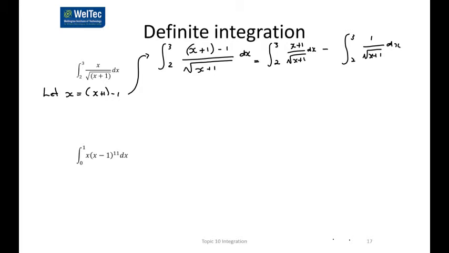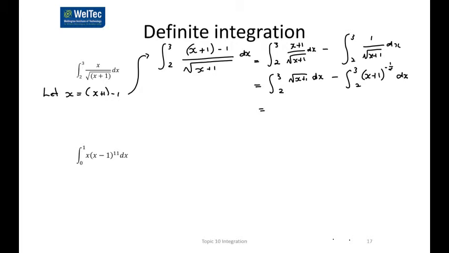And then it becomes a whole lot more straightforward. Using algebra, we can get rid of the x plus 1 over root x plus 1 to just simply be root x plus 1. And we can rewrite the second term as x plus 1 to the negative a half. And then they're straightforward to integrate.